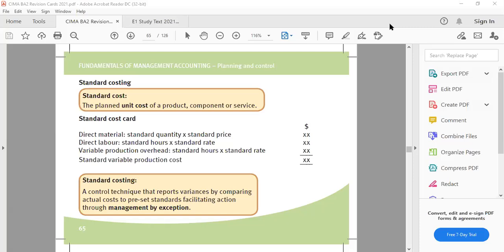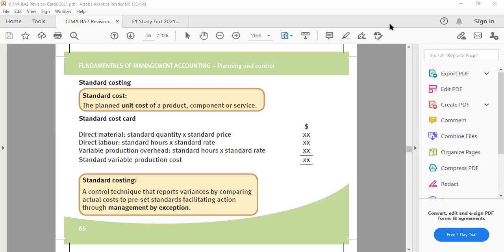When they actually spend, these actual costs are compared with whatever is recorded in the pre-decided standard costs. If there are deviations, what kind of deviation? Is it a favorable deviation or an unfavorable deviation? That is first understood.